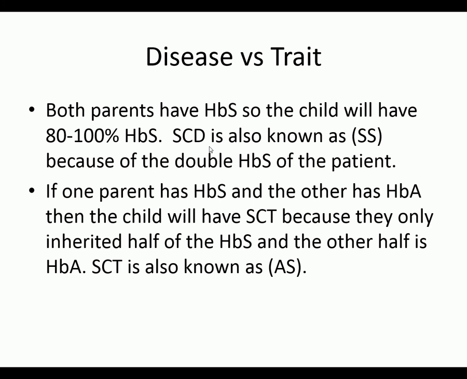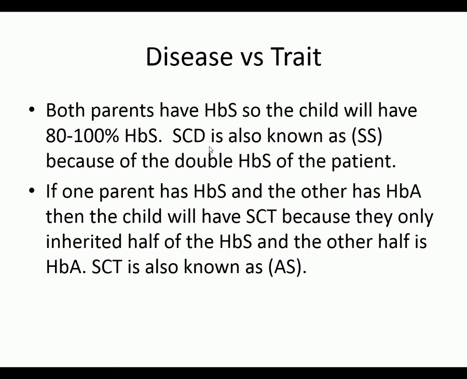In sickle cell disease, both parents have the hemoglobin S, so the child is going to have 80 to 100% of their cells be sickle cells. It's also known as SS, because they have a double strand of S, so you will see it in their charts as SS sometimes.